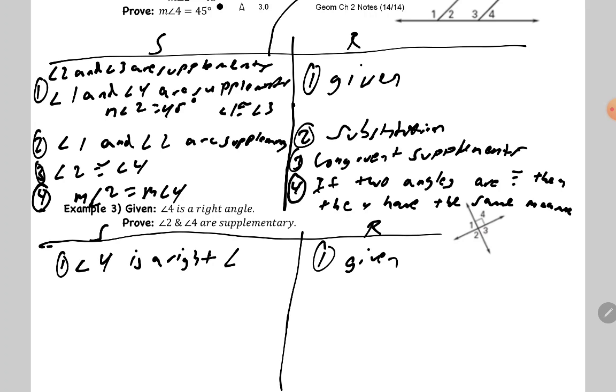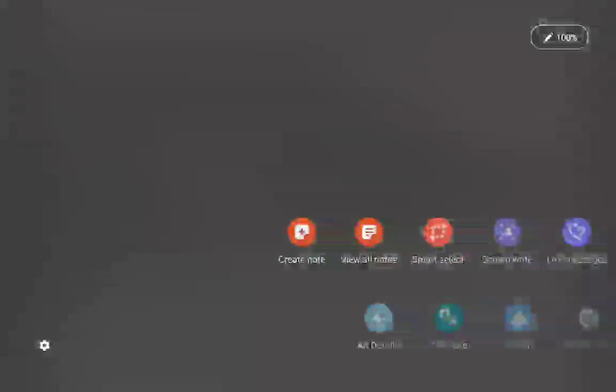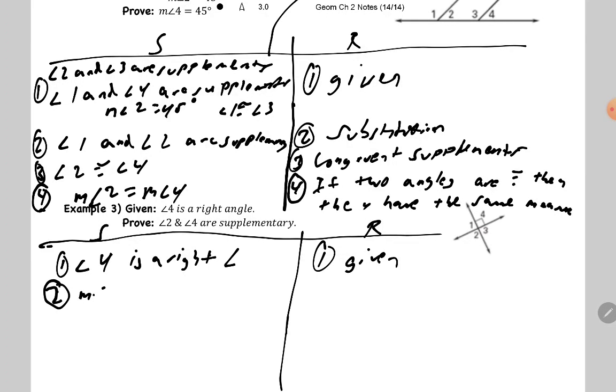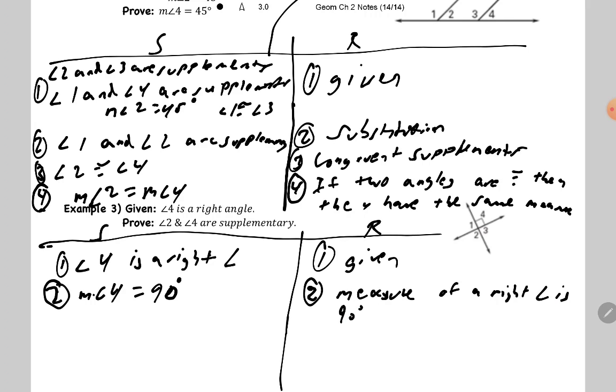Okay. So I'm just going to use the fact that it's a right angle. That means the measure of angle 4 equals 90 degrees. And you can say here the measure of a right angle is 90 degrees. 3. Okay, so I need to find angle 2. And we know it is a vertical angle.